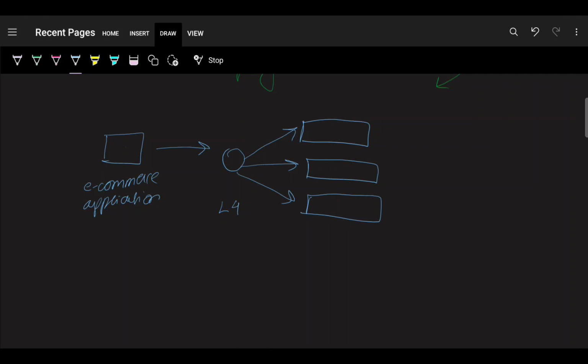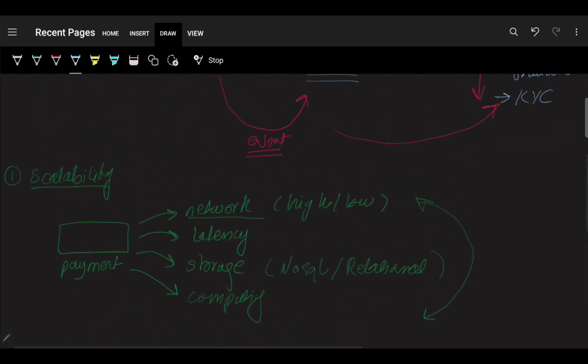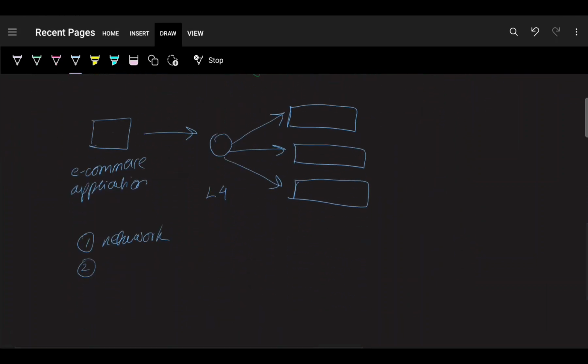And eventually, since we're talking about network and computing within our current problem at hand, having one database would always be a problem if we are reading and writing to one instance.